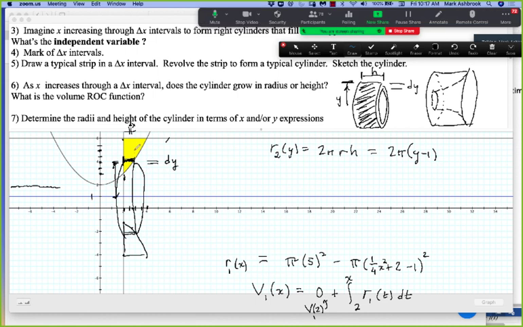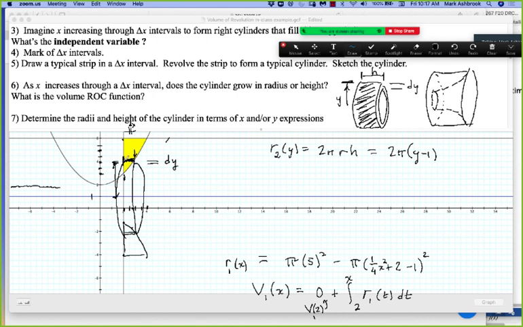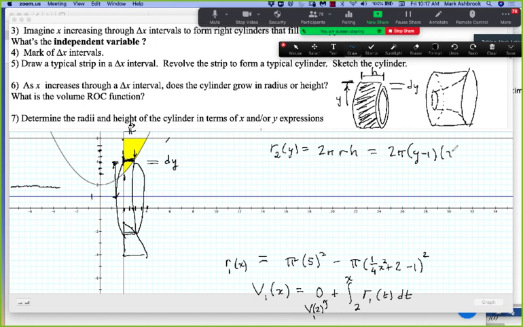So what's that going to be? It's going to be the x coordinate on this curve minus, so we're calculating this distance, x final minus x initial. What's x initial? x equals 2. So this big variation in x, which is the height, is going to be the current x coordinate minus 2.